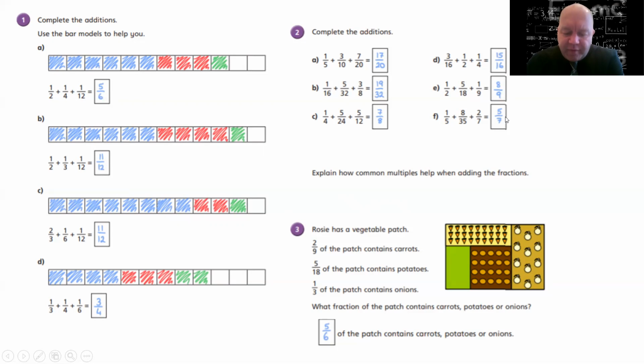And for F, 25 over 35, that's correct. And for 3, if you've got 15 over 18. But do please remember to look for ways to simplify, because sometimes the question will actually say you'll only get your mark if it's in its simplest form. It's really important you do go back and look to see if you can make those fractions smaller.